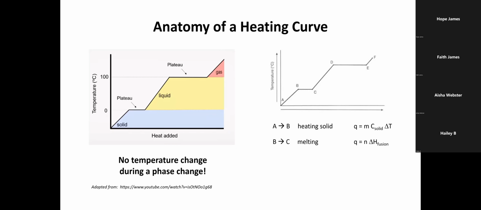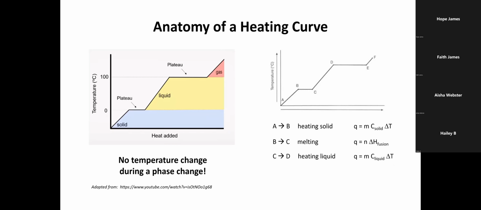Okay, what's going on between C and D? The temperature is back to changing again. We're heating again. What are we heating? Okay, now we're heating the liquid. So the equation we're going to use is going to look kind of like the first one again, but instead of heating the solid, we're heating the liquid.